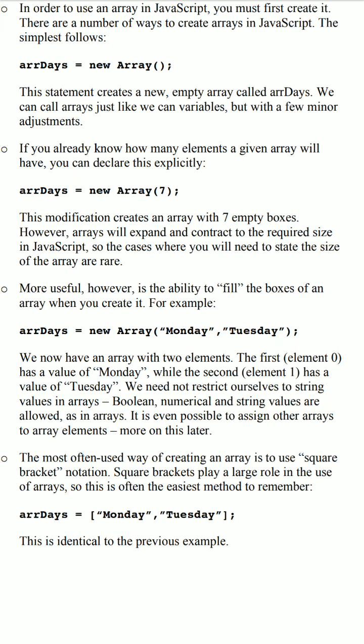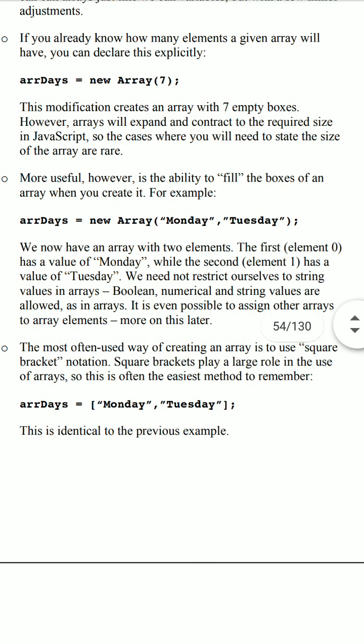More useful, however, is the ability to fill the boxes of an array when you create it. For example, arrayDays equals new Array, and you can write the names of the week that you want to write. Here I have written Monday, Tuesday. So we now have an array with two elements.